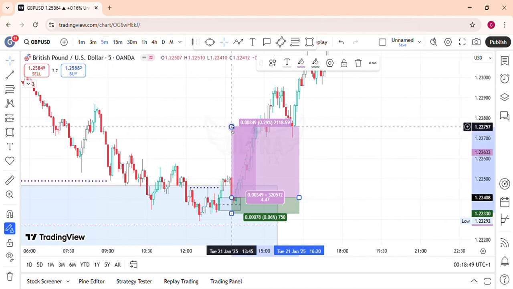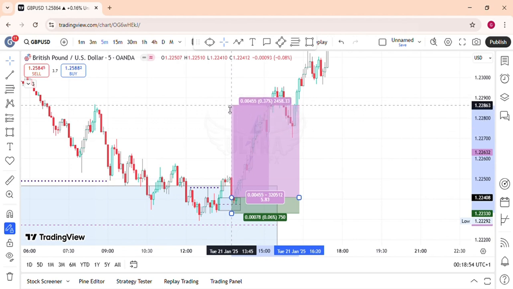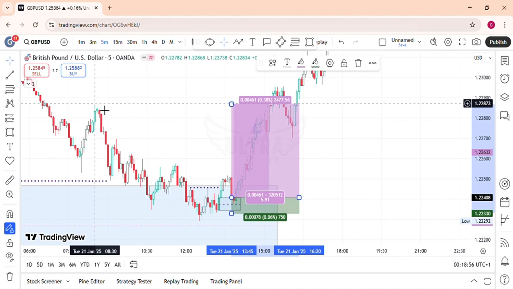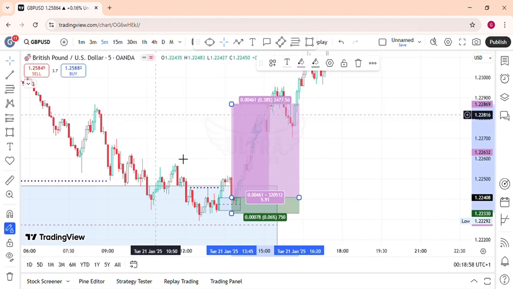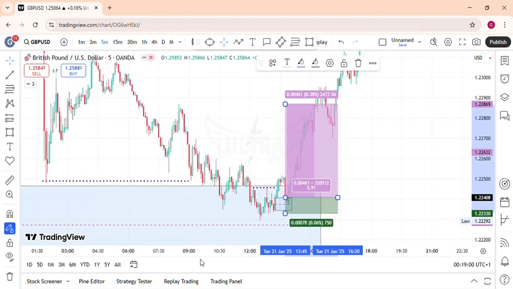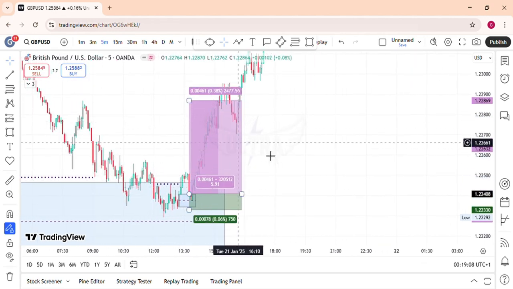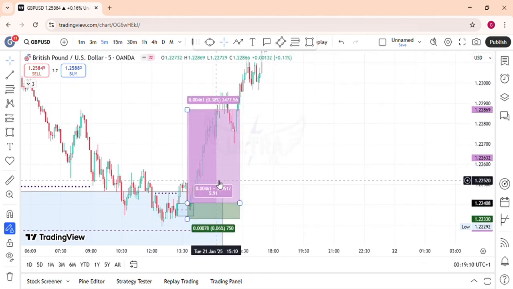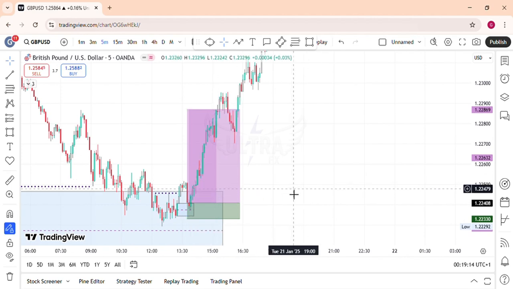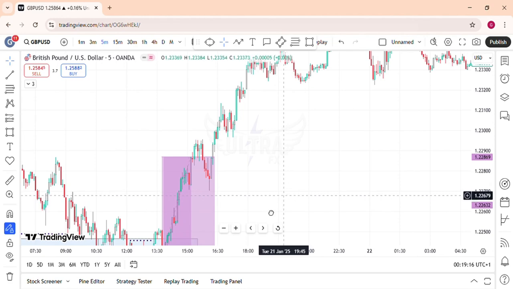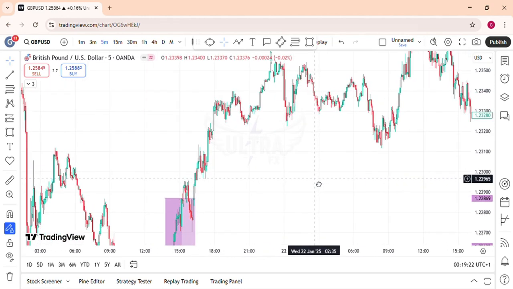So you can put your take profit here, or you put it above a previous high right here. So that is giving you a 1 to 5 risk to reward. So that was on the 21st, Tuesday. So let's go over to our next trade.